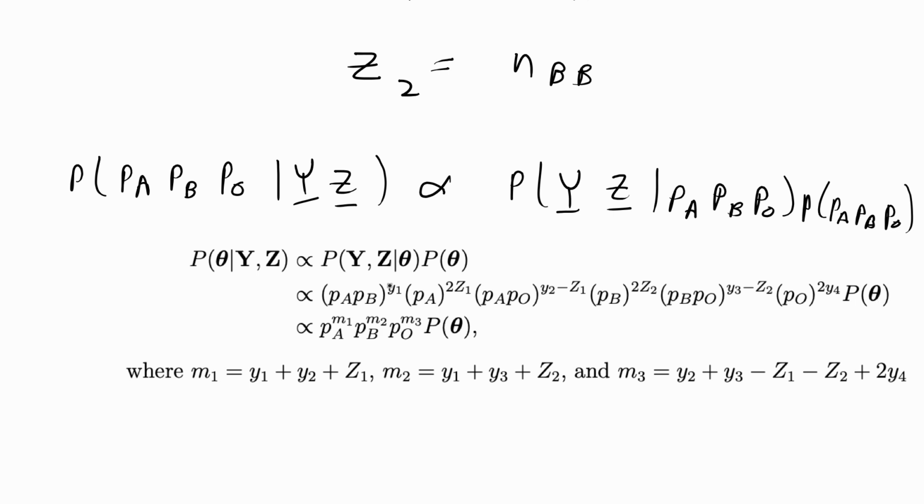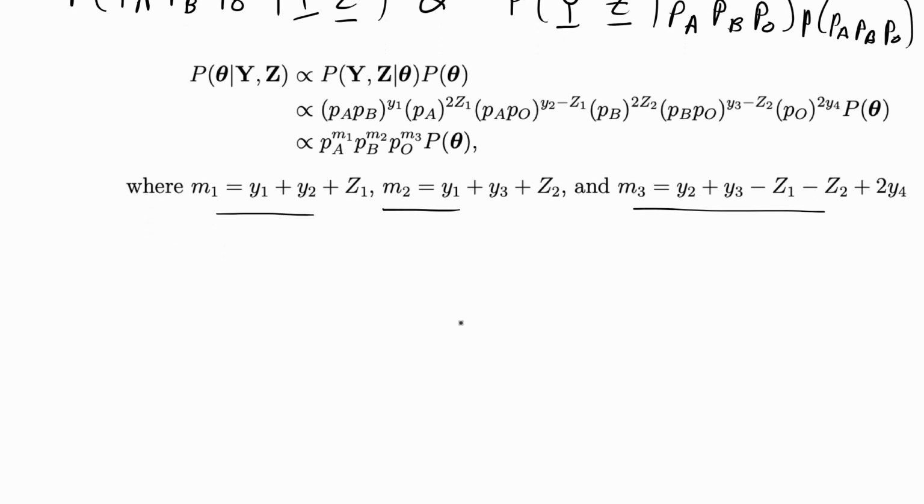And then we can do multiplication and simplification to basically get that the posterior distribution is proportional to PA to the M1, PB to the M2, PO to the M3, where M1, M2, and M3 are defined as follows. So that's a mix of the sample data and the latent variables, which we have to estimate.